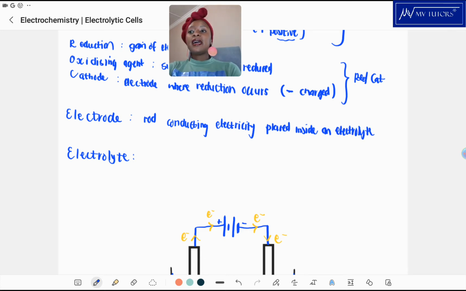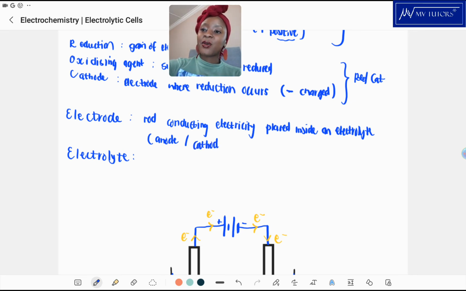This electrode can either be the cathode or the anode. So you either have the anode, remember, that is where oxidation occurs, or you have the cathode, where reduction occurs for the electrolytic cell.